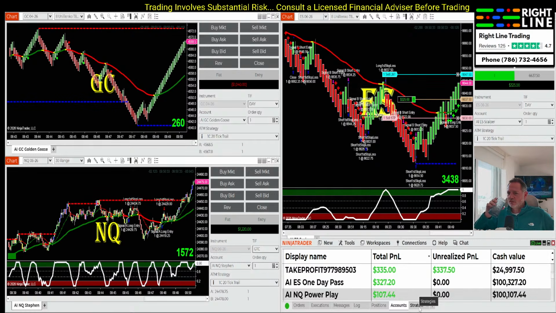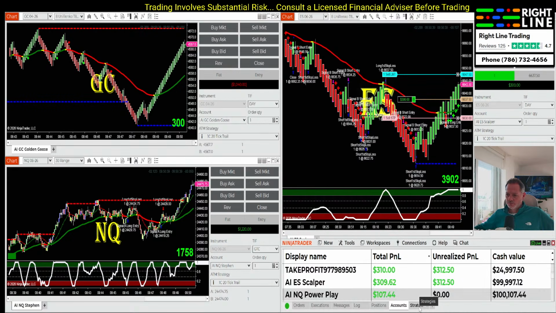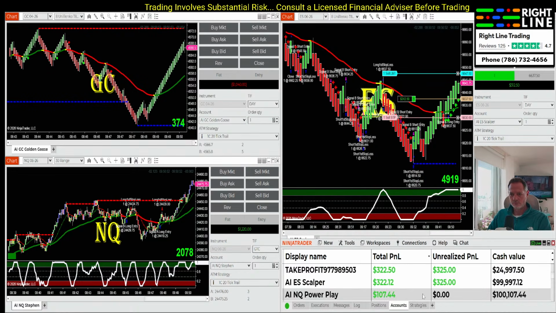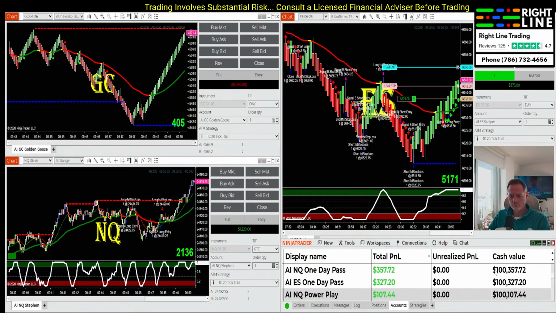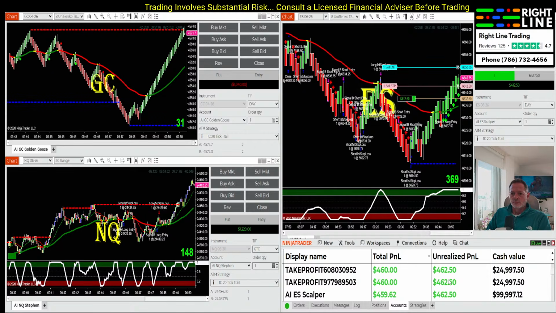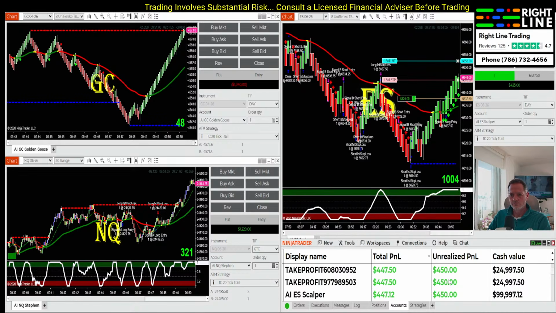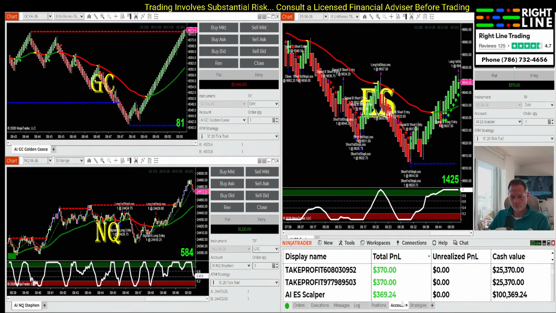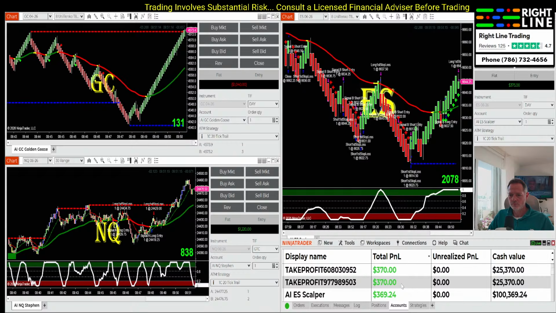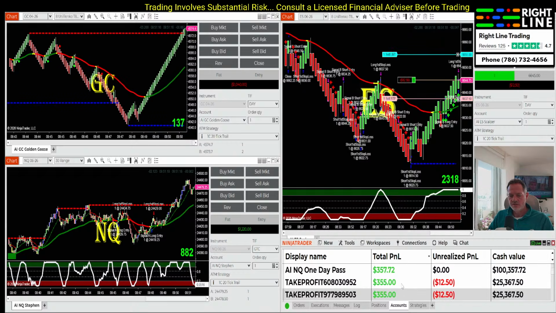Follow the crosses to profits here at Right Line Trading. Got a little nugget there. The goal for these is 750 today.